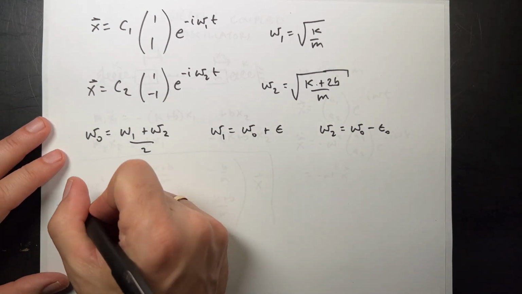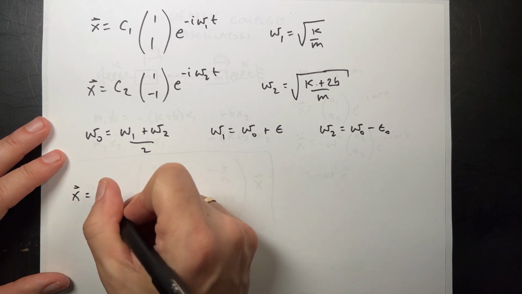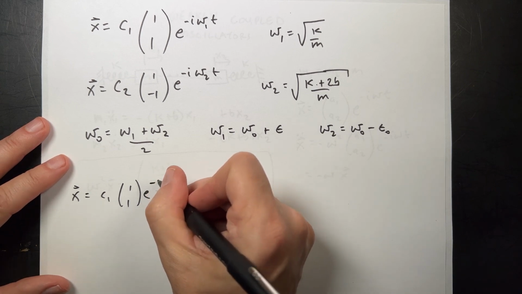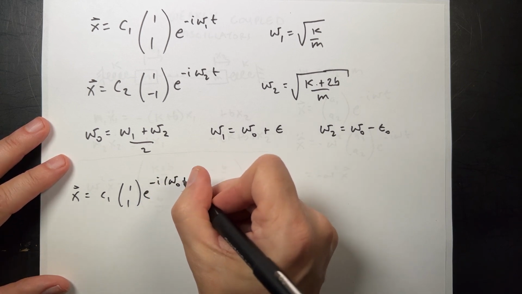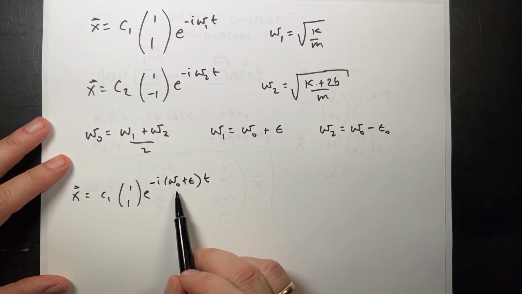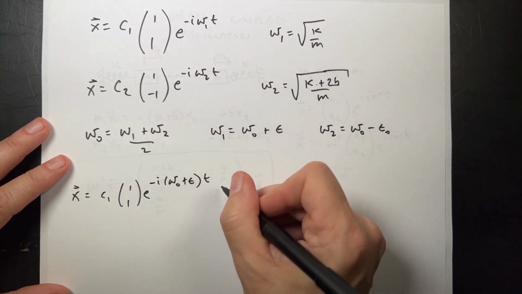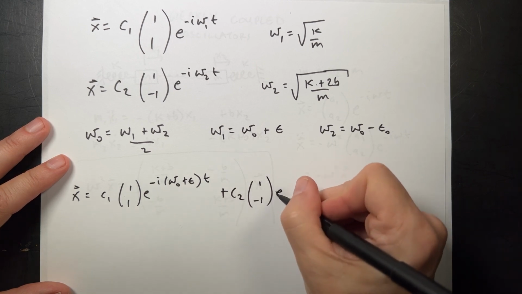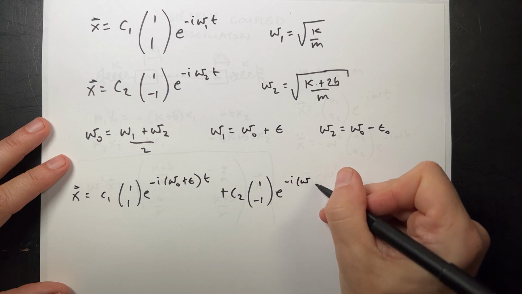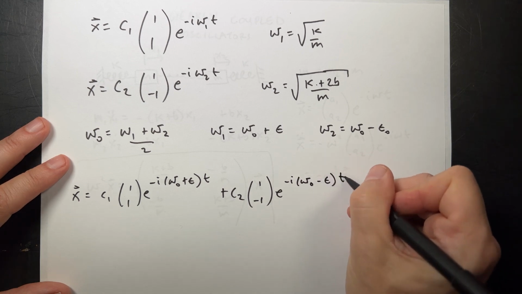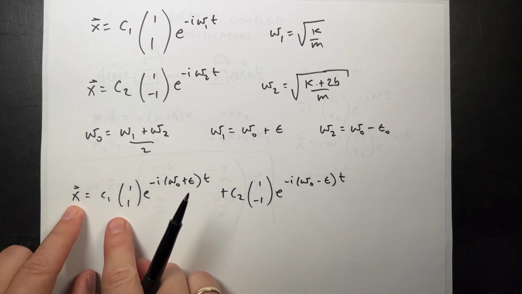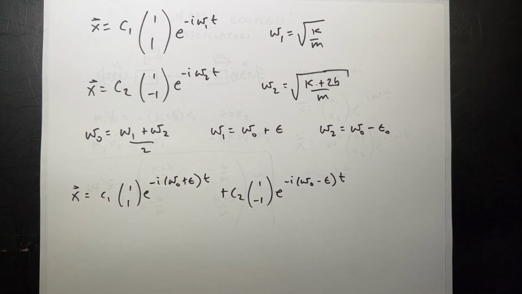So let's write this as x equals C1, 1, 1, e to the minus i omega 0 plus epsilon t, because that's omega 1, plus C2, 1, minus 1, e to the minus i omega 0 minus epsilon t. So that would be a solution. It's just a combination of those two. And again, this is x1 and x2. That's why it looks like a vector.